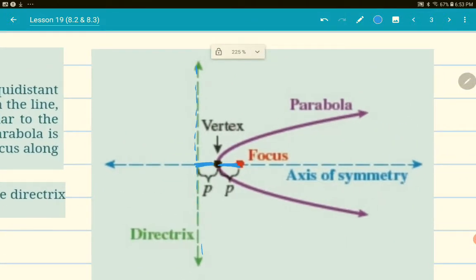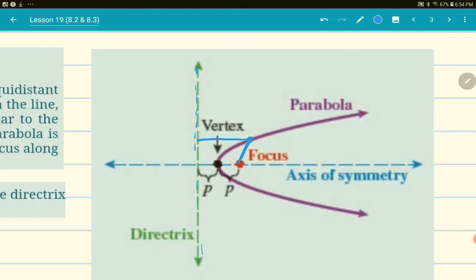It's a little less obvious on other parts, but if you were to get out a piece of paper and draw a line and a point and measure the distance halfway between them, play with your measurements and try to get that line to be equal to that line at any point on your parabola.